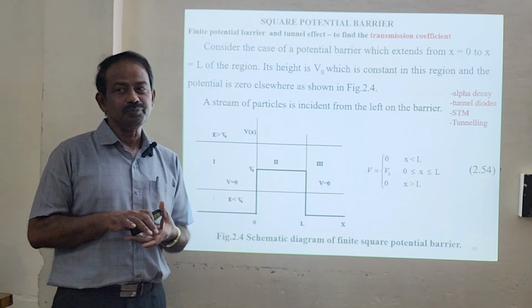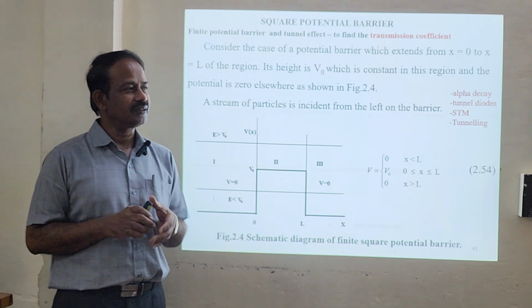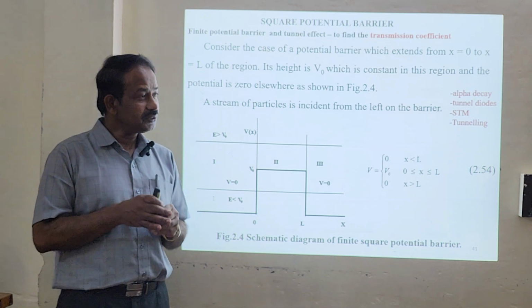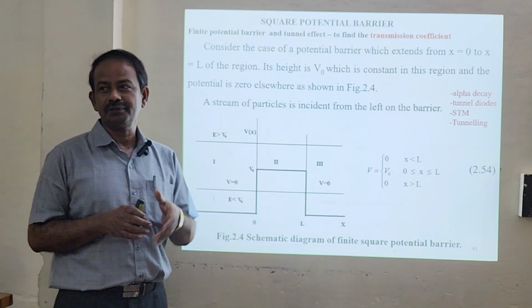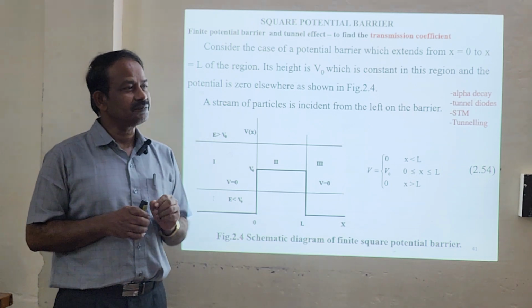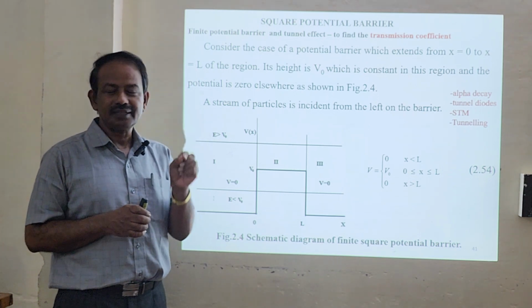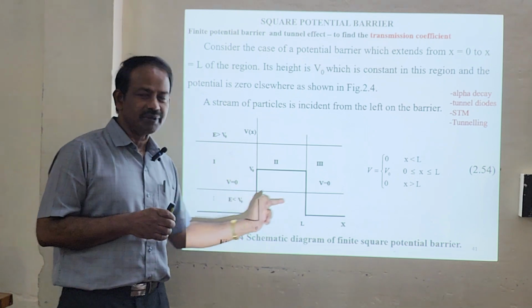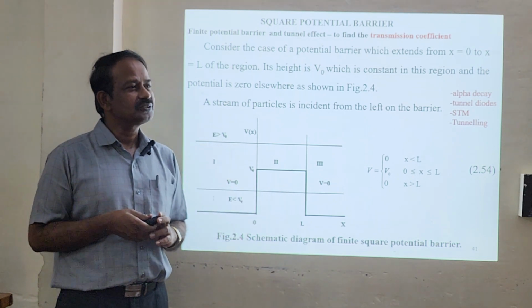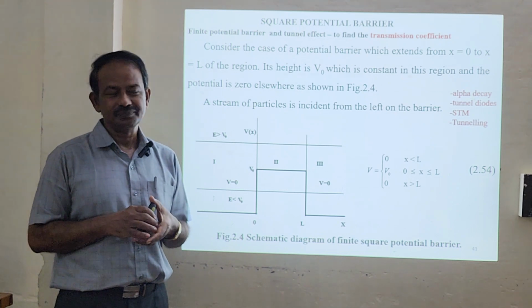There occurs a tunneling property. The waves can penetrate into the barrier. Even though the kinetic energy is less than the potential energy, there is a possibility that the wave function can penetrate into the barrier and go across it. So this is called quantum tunneling.